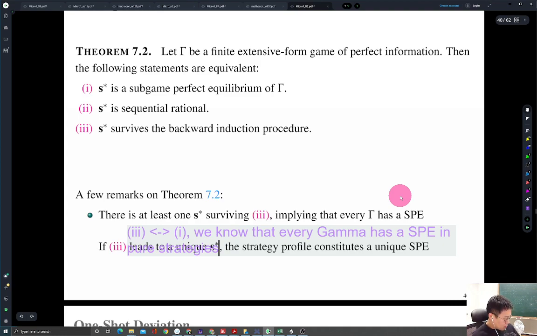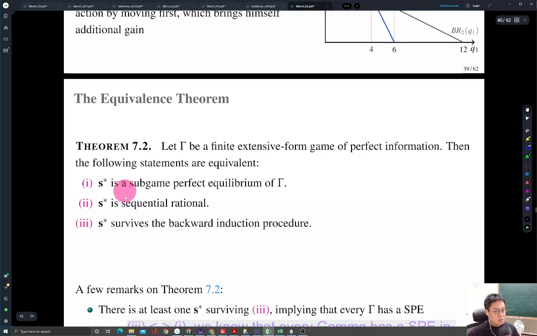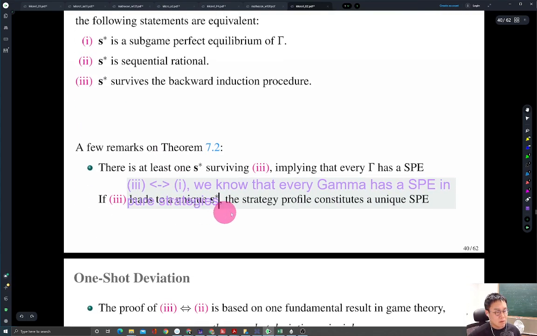Without the aid of such a theorem, we can simply prove the existence of SPE, and not just existence, but existence of SPE in pure strategies, using the equivalence of these two.